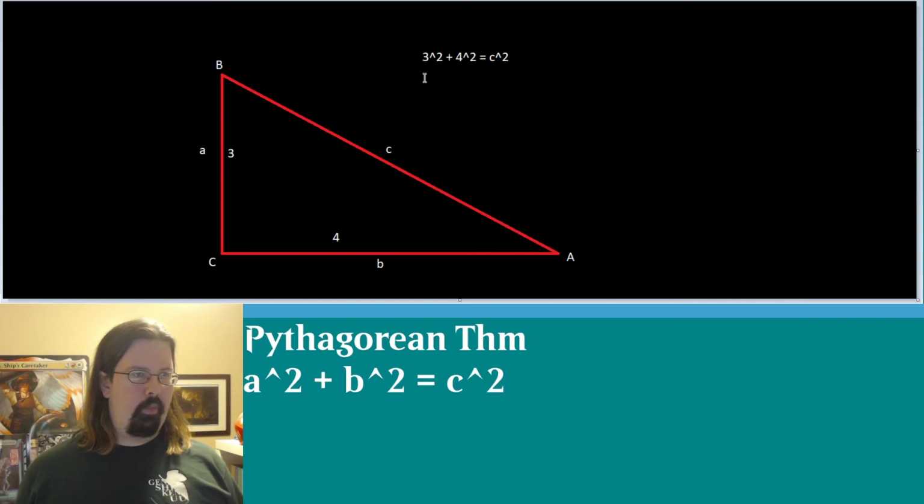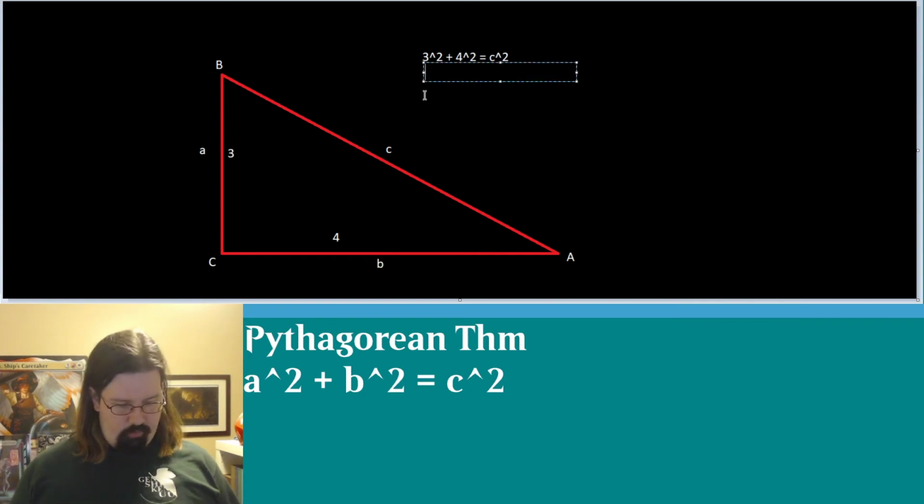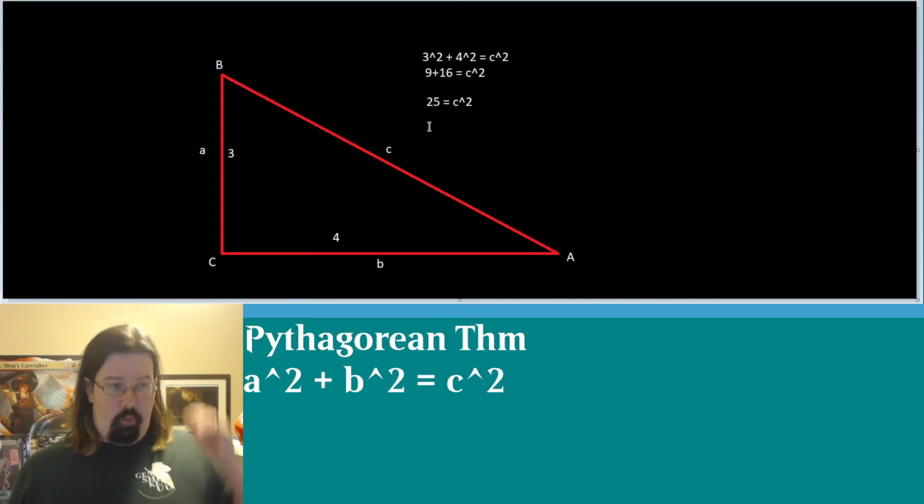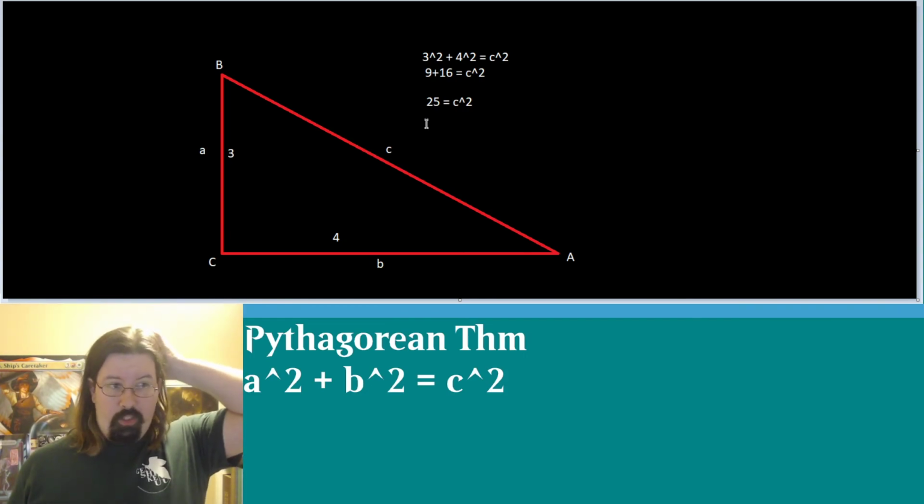Okay? So 3 squared is 9 plus 4 squared is 16 equals C squared. 9 plus 16 is 25 equals C squared. All right. And now, in order to find this length, we just have to take the square root.